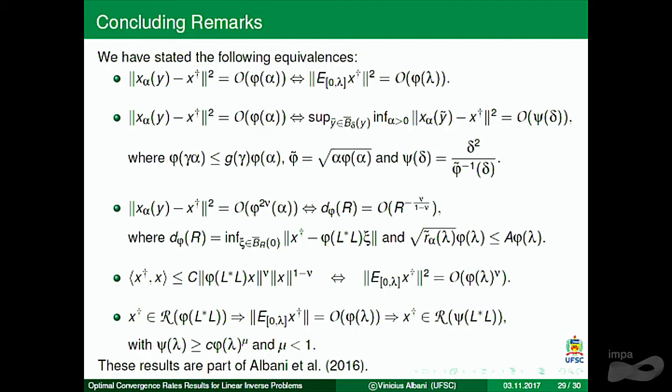In addition, phi must satisfy this condition too. And we have the equivalence between this behavior of the tail function and this variational source condition. And we had proved this saturation result.